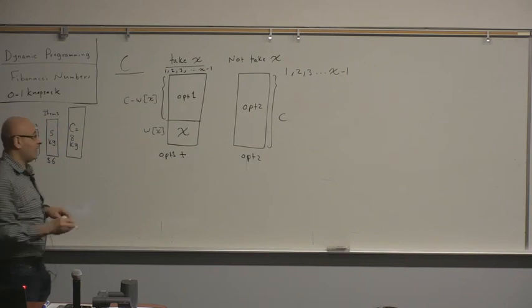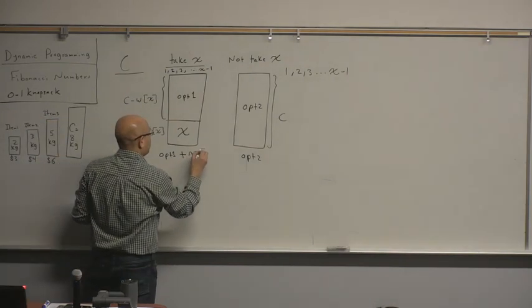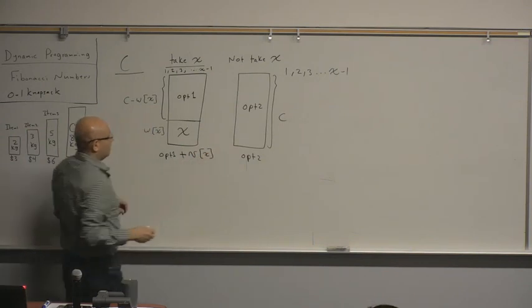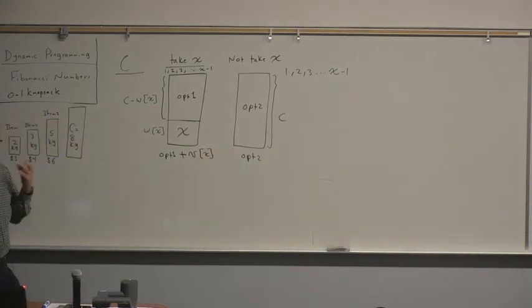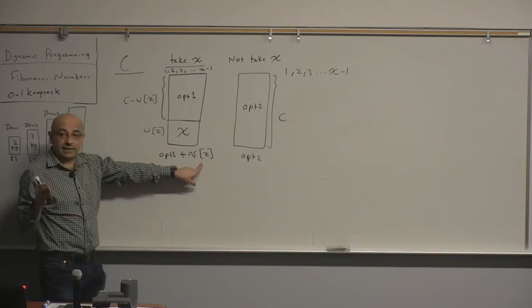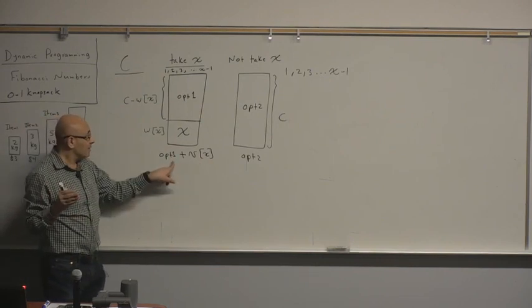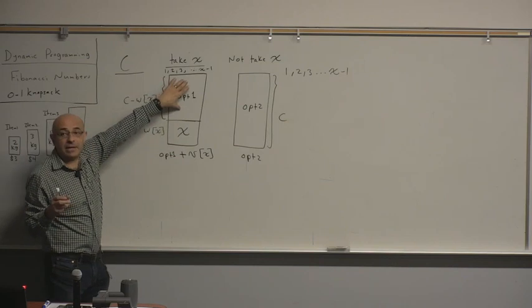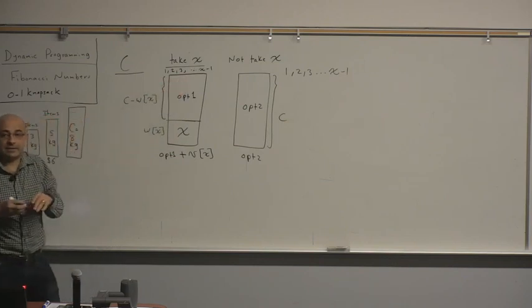The value of x. Yeah, not the weight of x, the value of x. So if I take x, I will get the value of x, then whatever I can fit in the remaining capacity of the knapsack. That's what I will get if I take x.